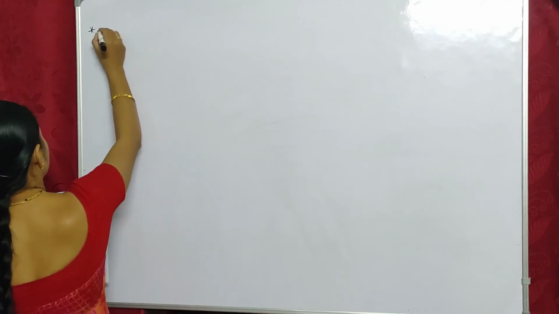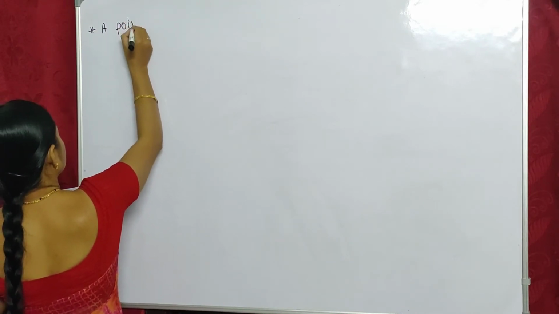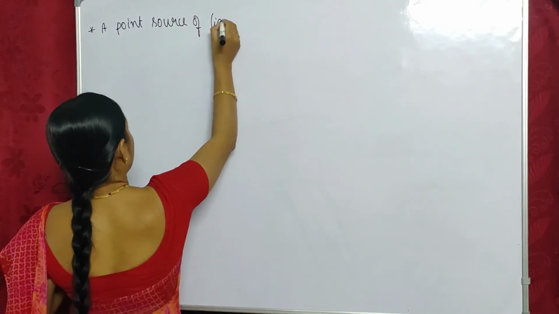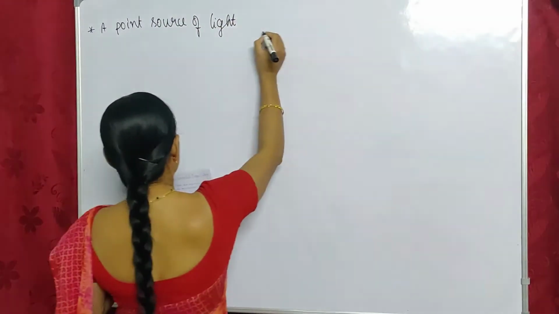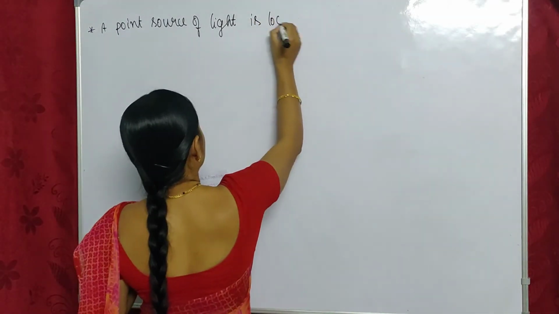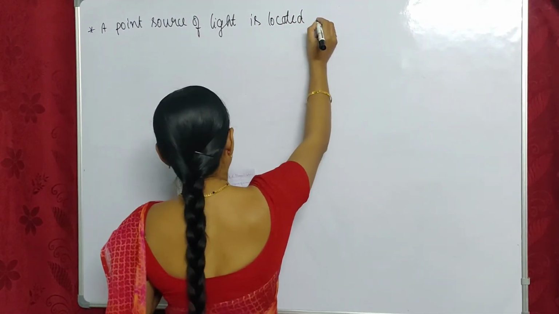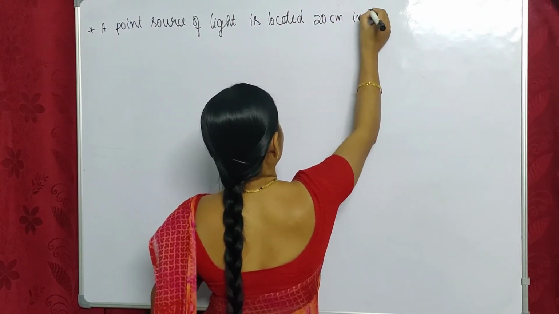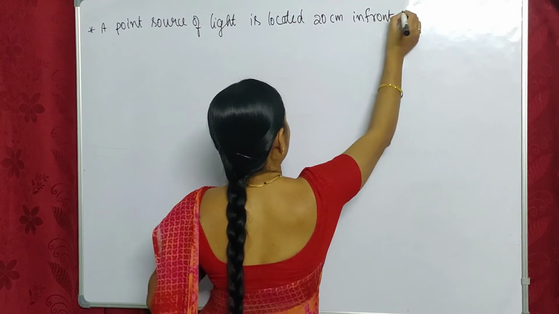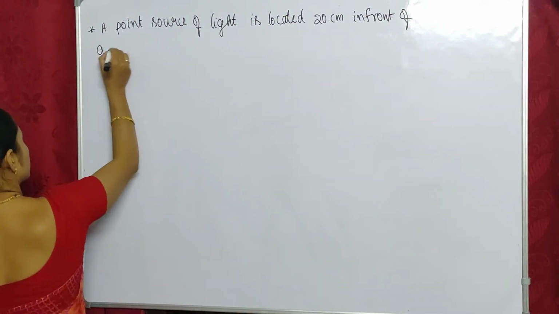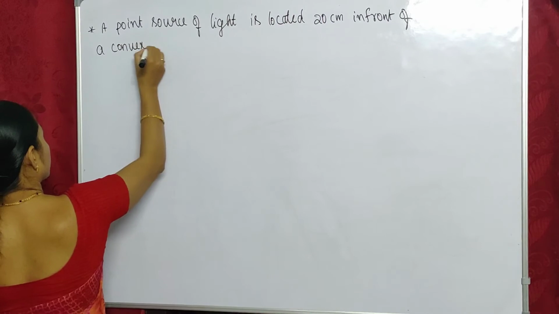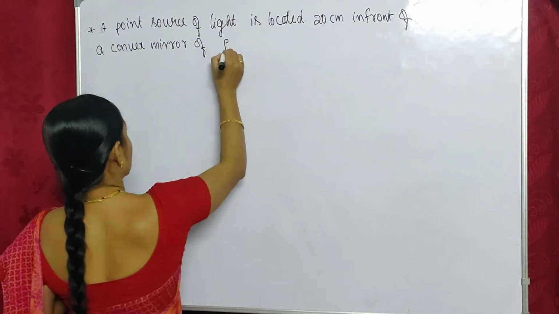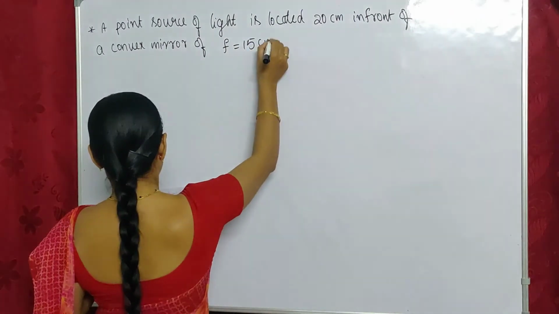A point source of light is located 20 centimeter in front of a convex mirror of f is equal to 15 centimeter.